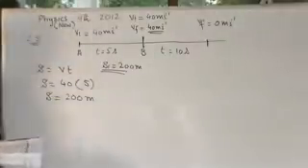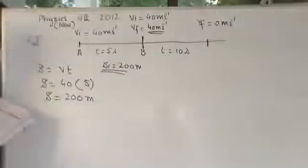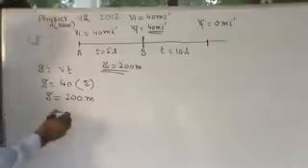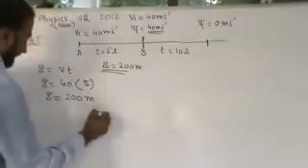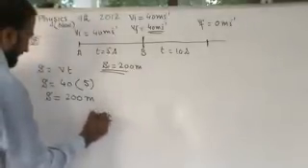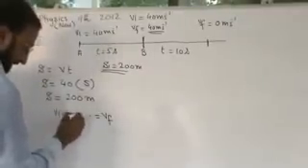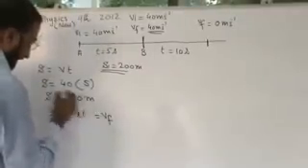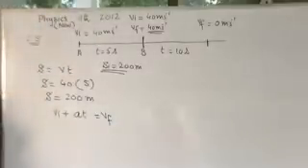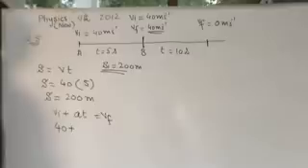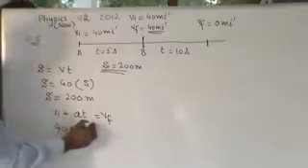Now we have to calculate the deceleration. We have a formula: Vf is equal to Vi plus At. Velocity Vi is equal to 40. Acceleration we have to calculate.